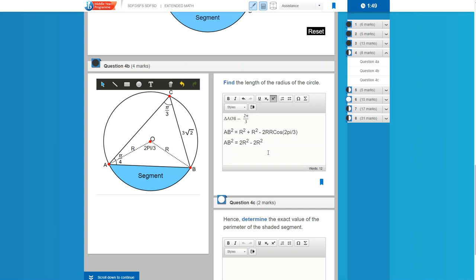We could just put cos of 2 pi over 3 into our calculator. So what is cos of 2 pi over 3 in the calculator?